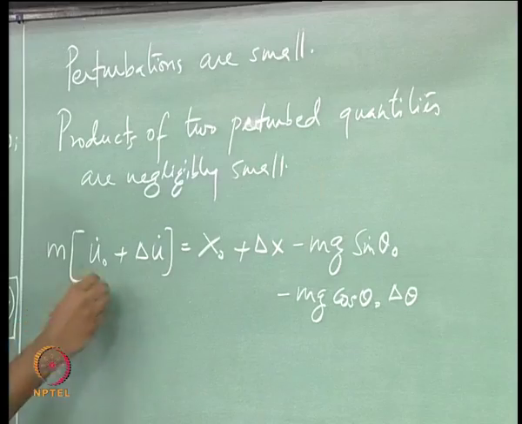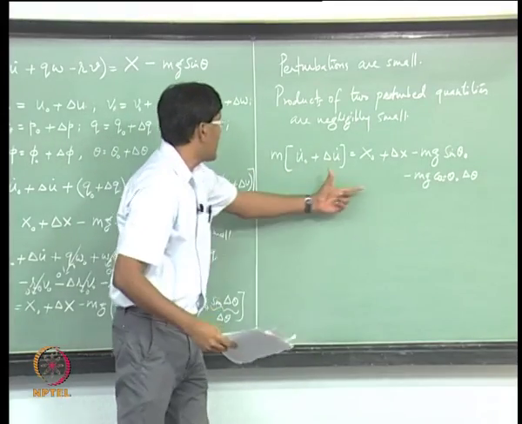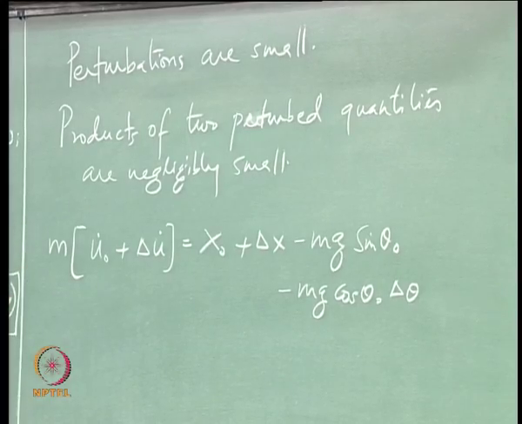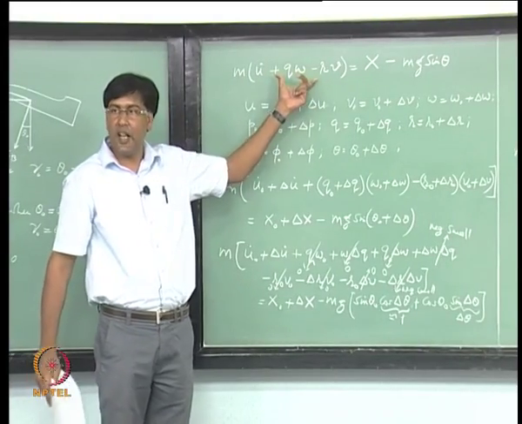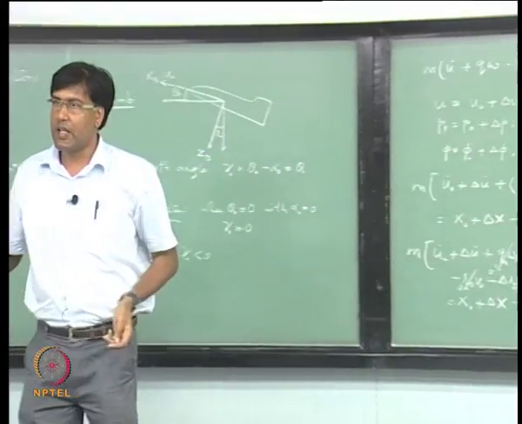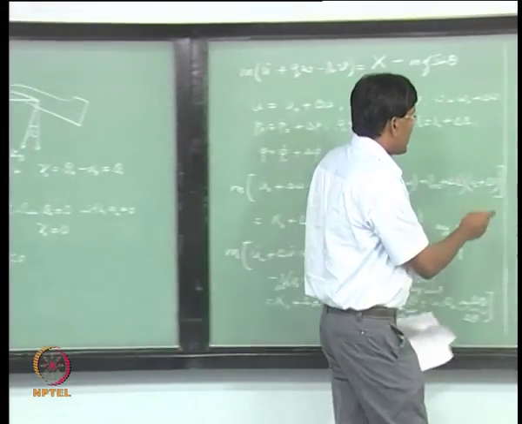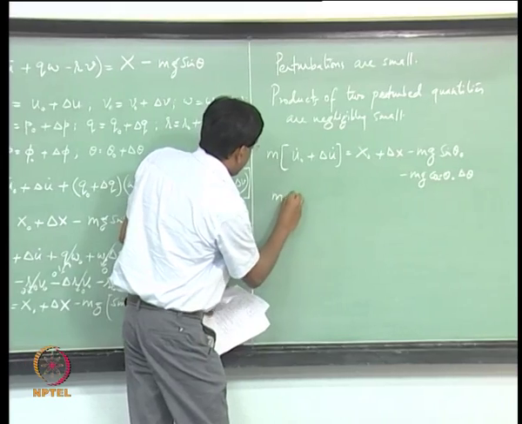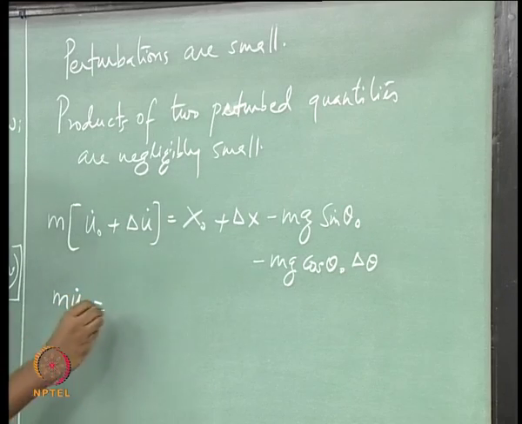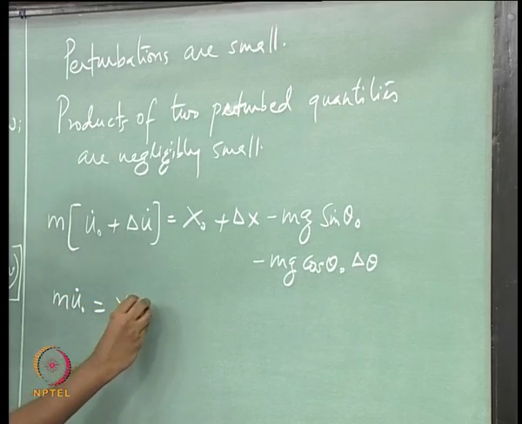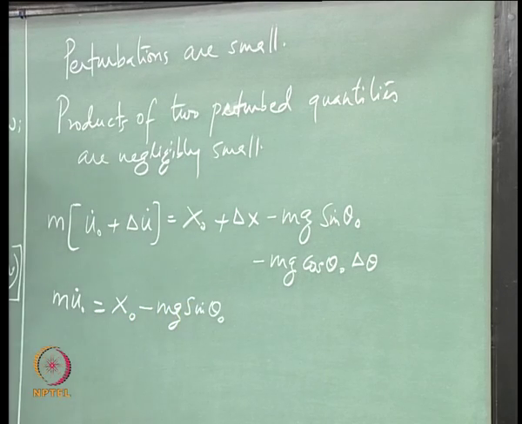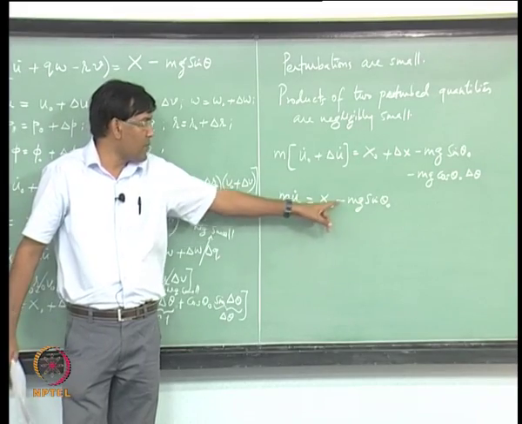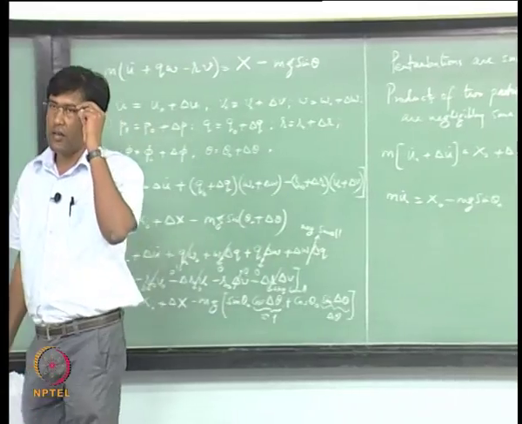But let's compare this equation with this. Now this equation is satisfied at any condition. So look at the equilibrium condition when you have m u naught dot equal to x naught minus mg sin theta naught.